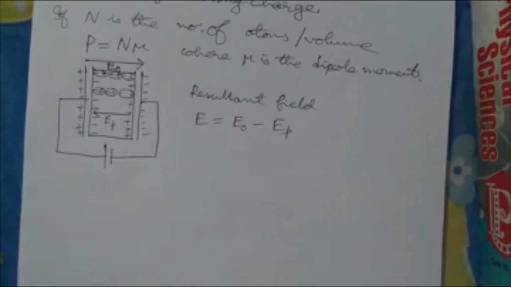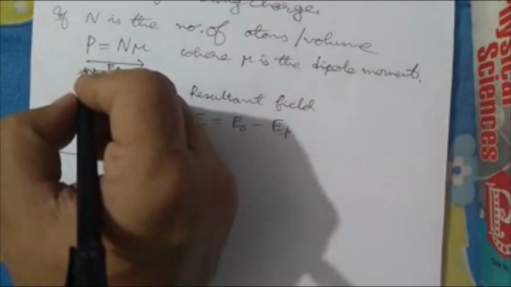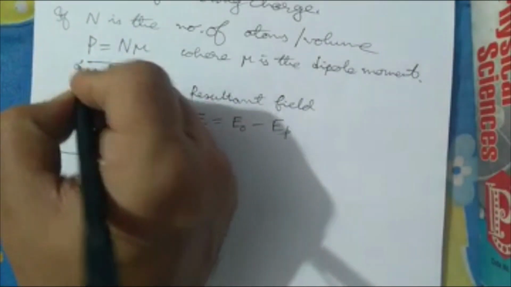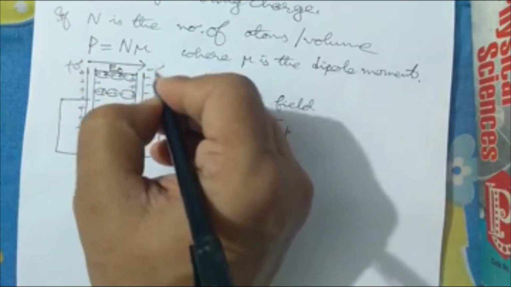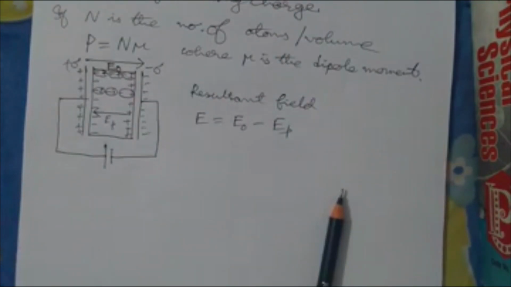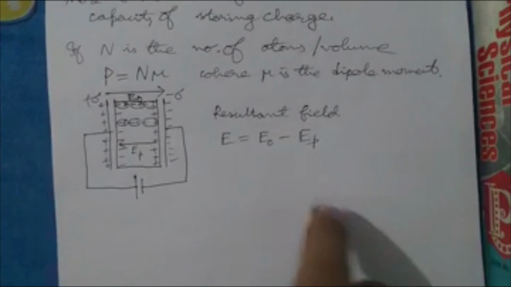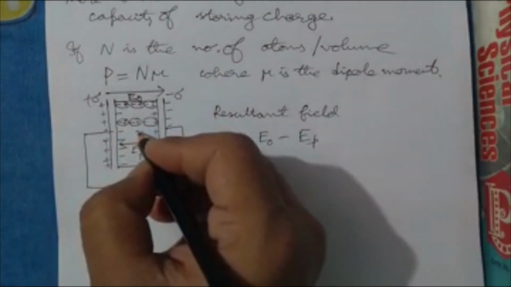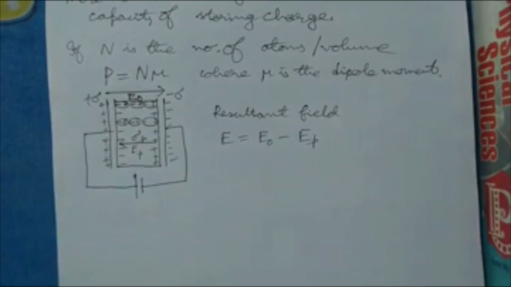Now suppose the surface density of charge here is plus sigma and here is minus sigma. And the surface density of the polarization charge is, say, sigma p.